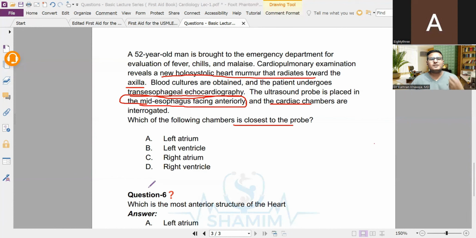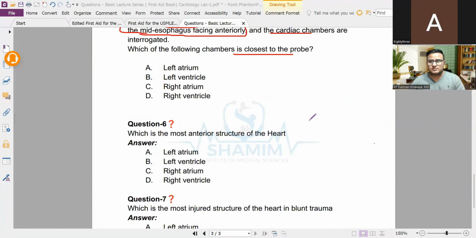This is called Ortner syndrome. In mitral stenosis, increased left atrial enlargement compresses the esophagus and the left recurrent laryngeal nerve. This is Ortner syndrome. It is left atrium.